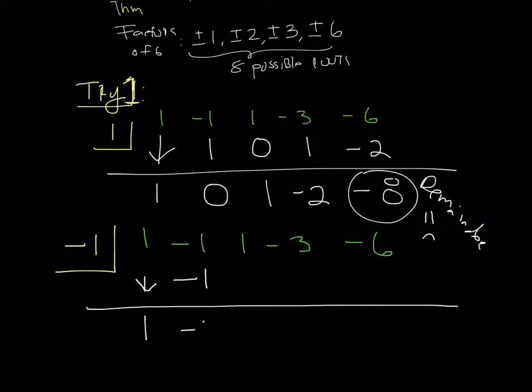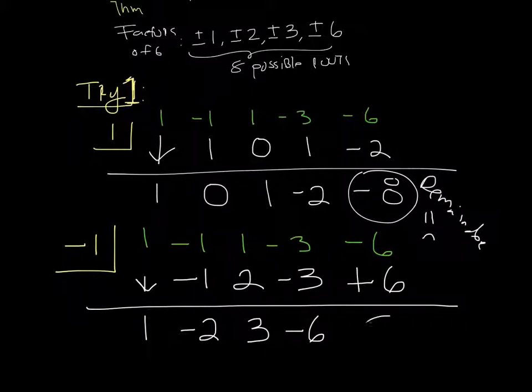I add these, -2. And again, multiply these. So -2 times -1 is 2. Add, I get 3. Multiply, I get -3. Add -6, right? And then finally, -6 times -1 is +6, which is great because these are opposites, so we get 0. So we're happy campers.